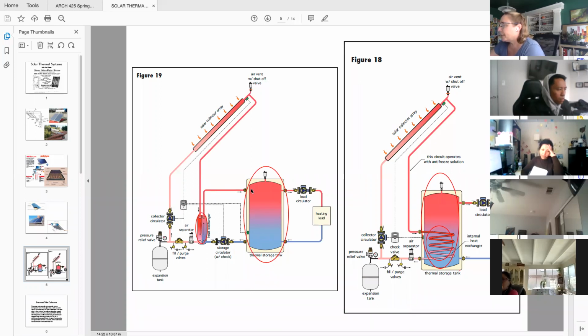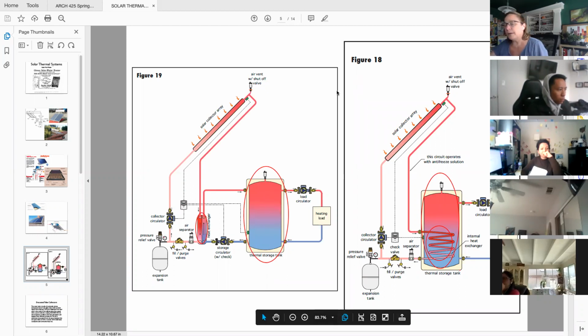So with the external heat exchanger, there's another circulator loop that is open to the internal of the tank, and that's the domestic, that's that open loop municipal supply that's coming into the tank, filling it up, and then hot water is pulled out of the tank for usage.